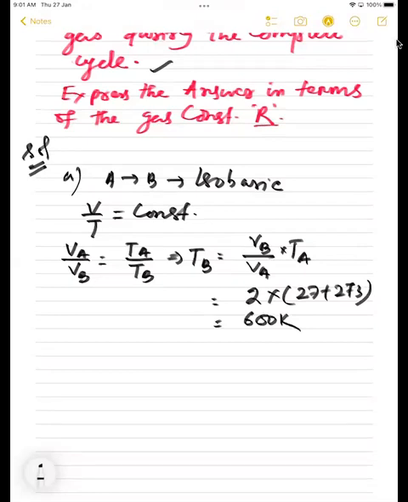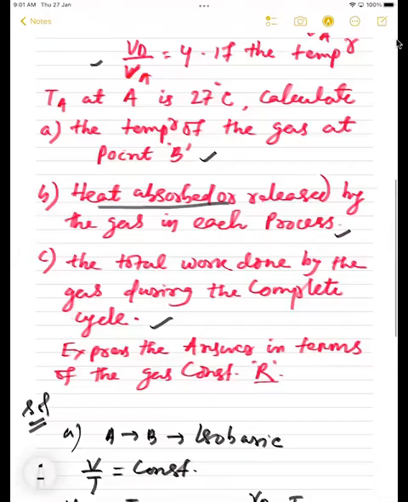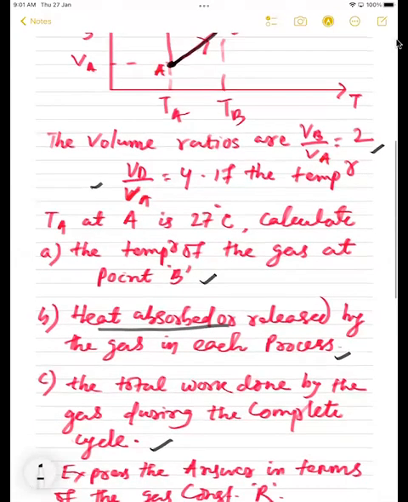Or you can also subtract: 600 minus 273 is 327 degrees centigrade. Understood the first part, the temperature of the gas at point B?